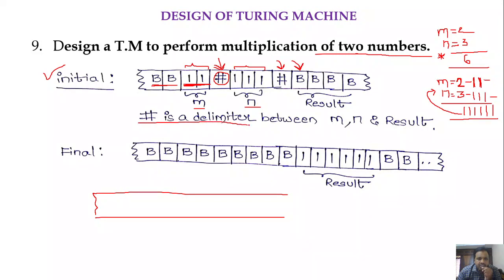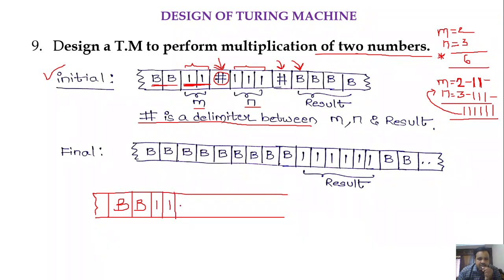How do we use this input tape for generating the result of multiplication? Let me consider that some of the cells are blanks. Next, I have taken the input value m as 2, so I am representing that m with two ones.